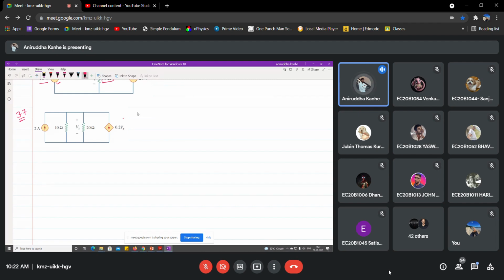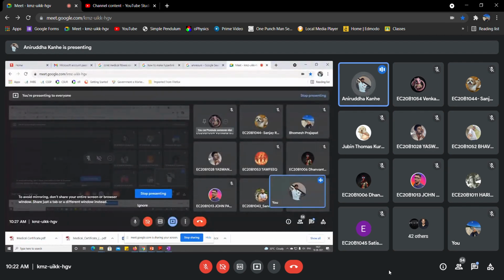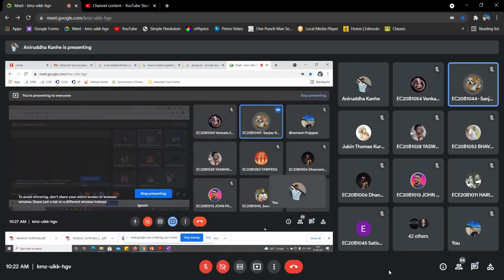First of all, you should be able to understand how to find out nodes. Yes, roll number 54. How many nodes are there? So 54 is absent. Fine. Roll number 44. How many nodes are there? 4, sir.